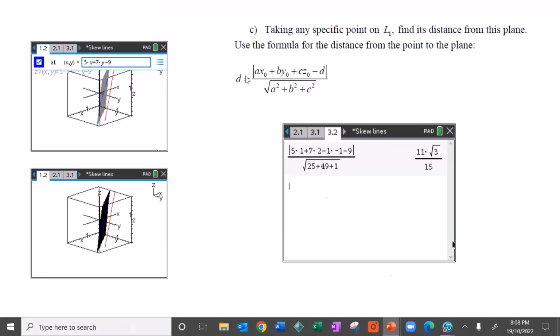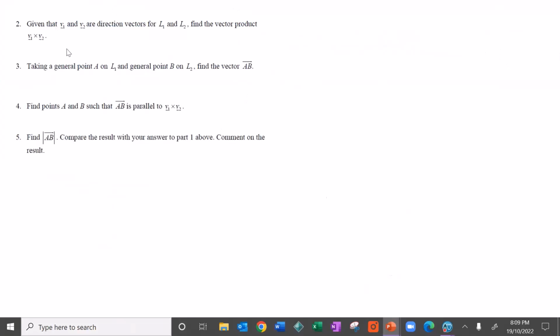I don't know whether this formula will be given, but that's quite a popular formula, finding the distance from the point to the plane, absolute value, and here we substitute the point, and A, B, C, and D are from the Cartesian equation of the plane.